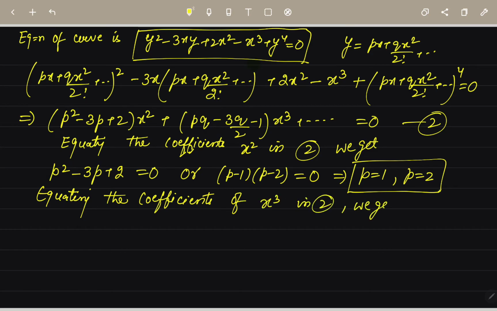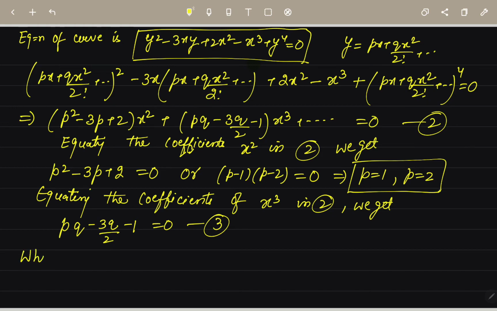We get pq minus 3q by 2 minus 1 equal to 0. I will name this equation third. Now I will put the values of p in the third equation and find the value of q.